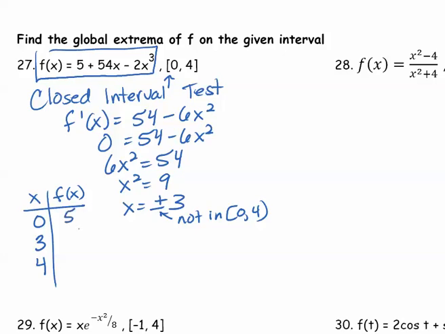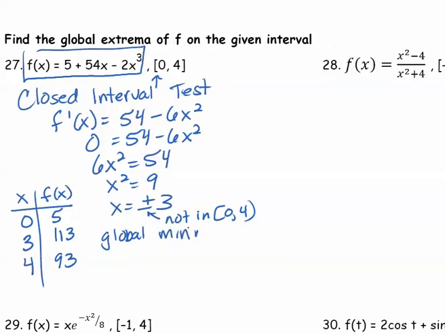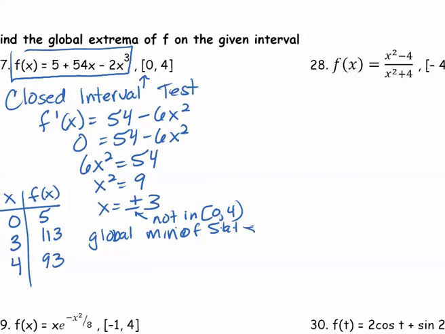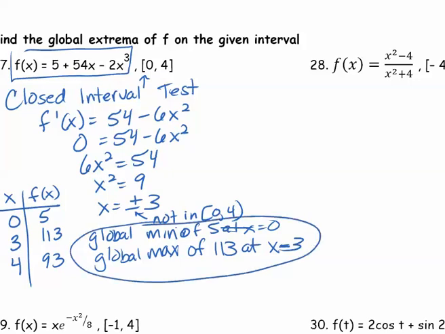I think I have 5 and 113 and 93. So we have a global min of 5 at x equals 0, and a global max of 113 at x equals 3. Whoops, sorry, I'm getting a little jump here on my page.